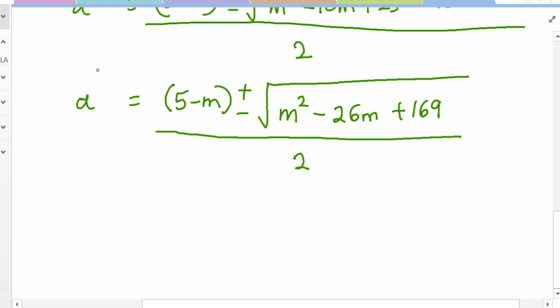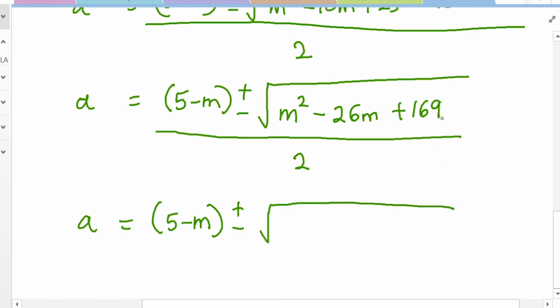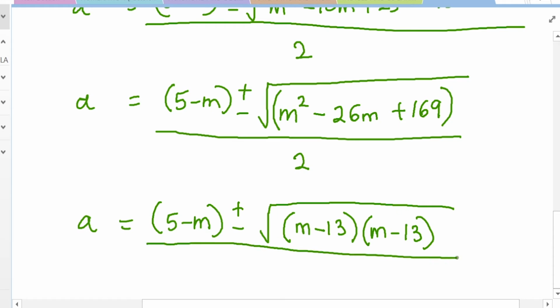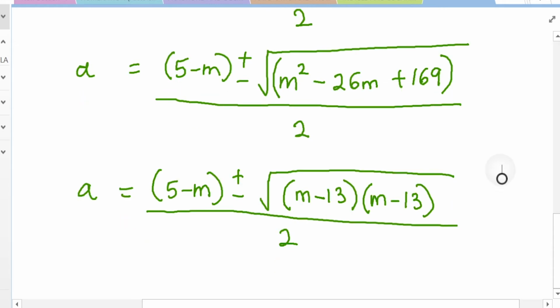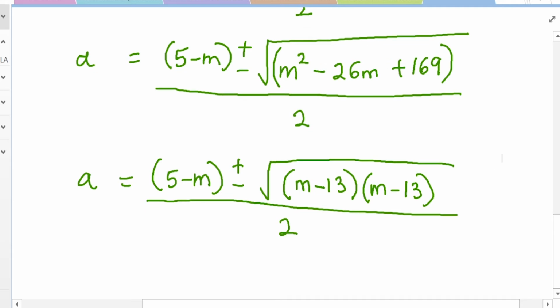So my value of a here is going to be equal to 5 minus m plus or minus. Now when you factorize this expression, it gives you m minus 13 into m minus 13. It's a perfect square. Divide that by 2. That is when you factorize that expression under the square root.